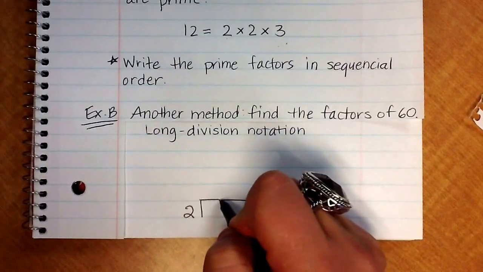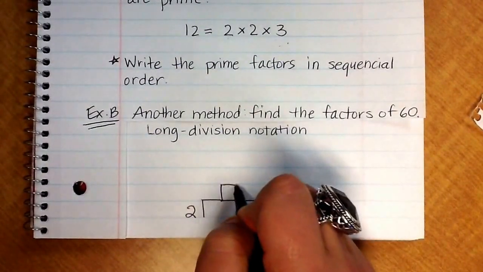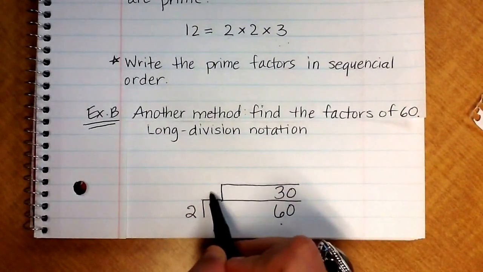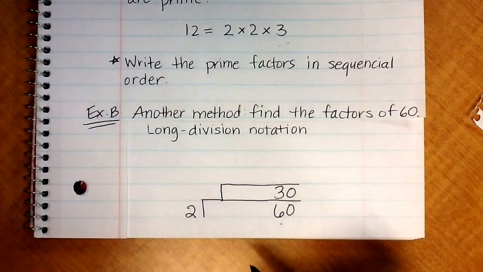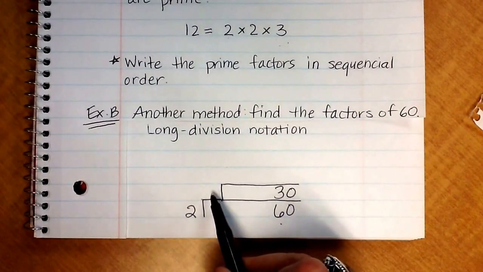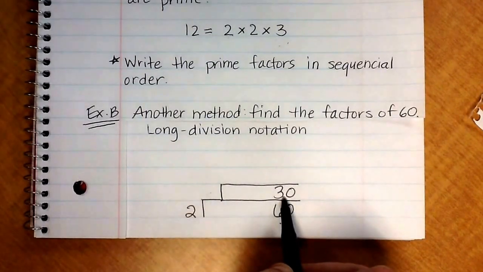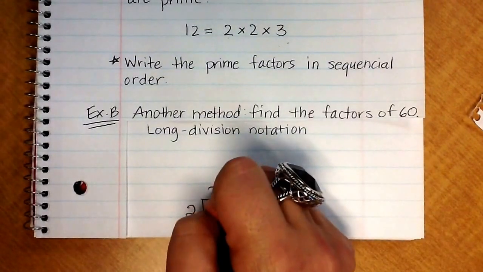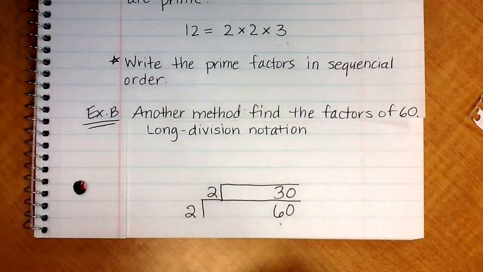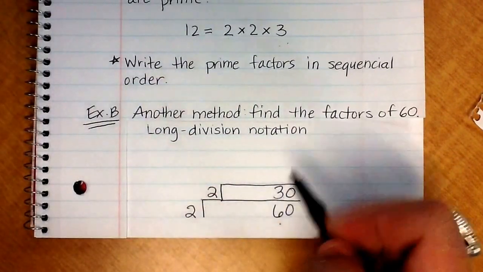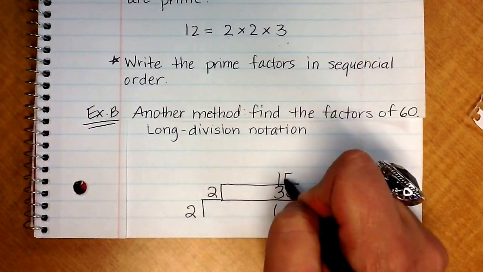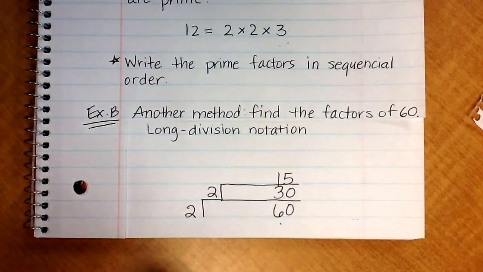And then I'm going to draw another bracket with a step on it. And I want to ask myself, what prime factor can be divided into 30? 2 can be divided into 30. 2 divided into 30 would go 15 times.